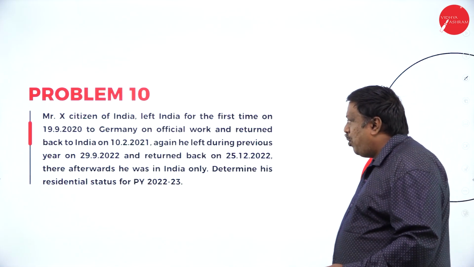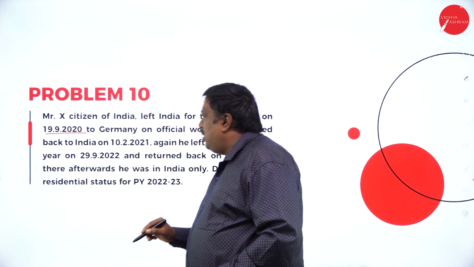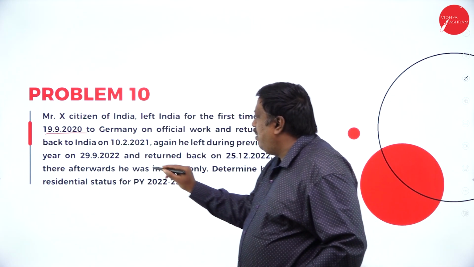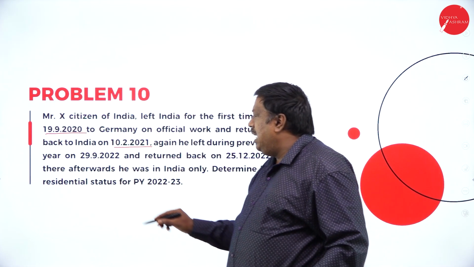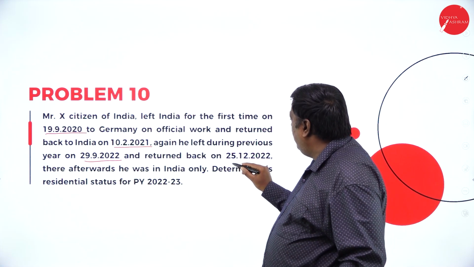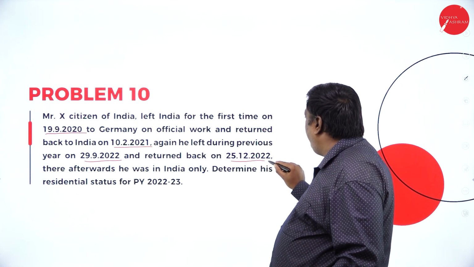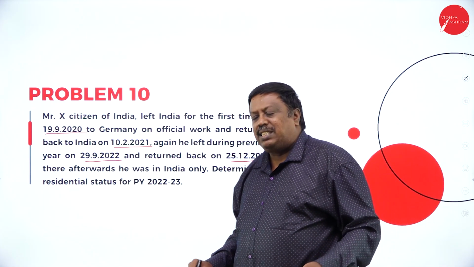Let us take one more problem. I'm leaving India on 19th September 2020 and I've returned back to India on 10th February 2021. Again, I left India on 29th September 2022 and I've returned back on 25th December 2022. So what is my status?